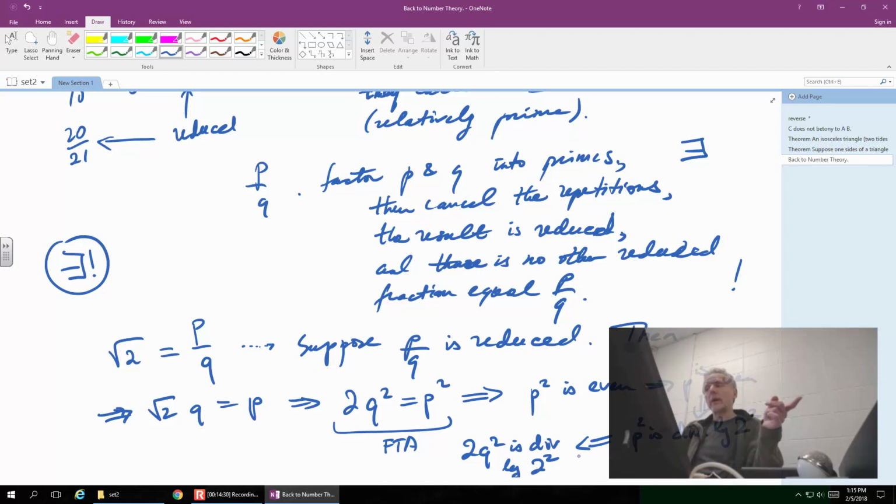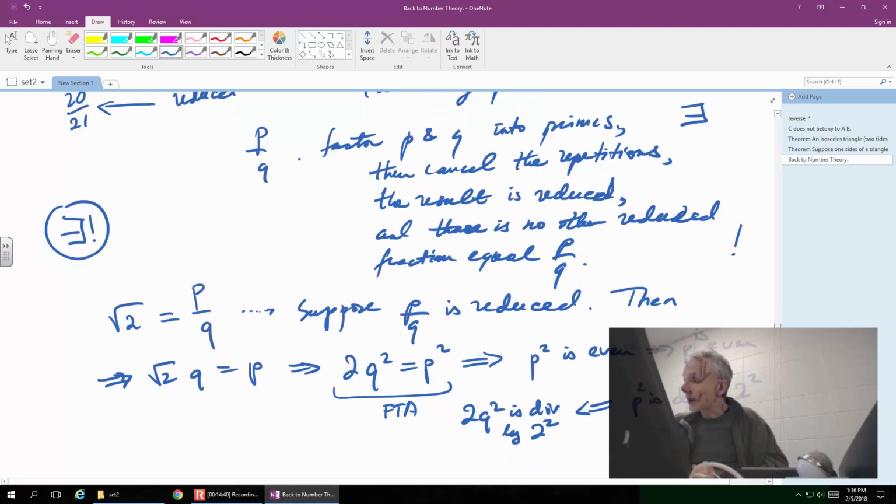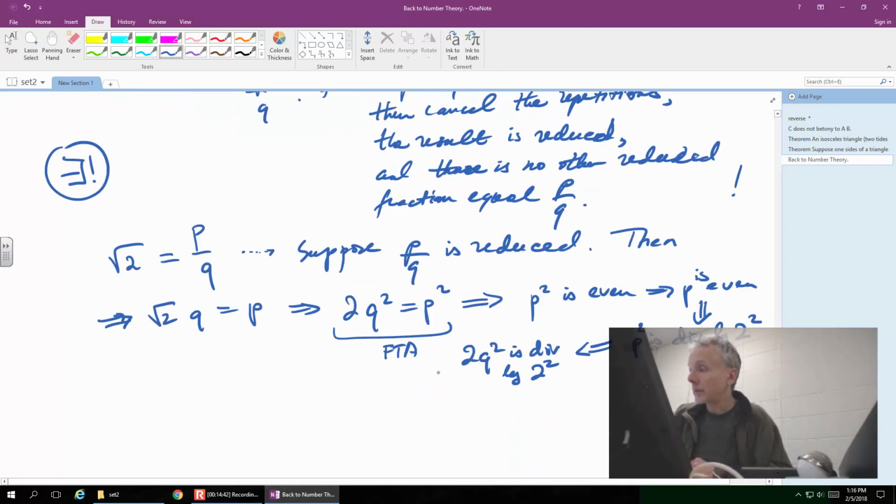But because of the square, p squared is divisible not by 2 but by 2 squared, which means that 2q squared is also divisible by 4. And then what? By the same logic, what's the conclusion? What do we know about q?